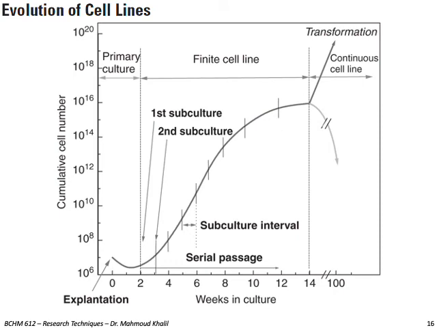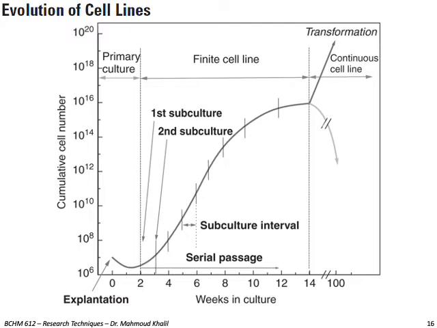This figure illustrates clearly how the evolution of a cell line occurs. You can see here on the x-axis the weeks in culture, and on the y-axis the cumulative cell number. Initially, up till the first 2 weeks, cells are termed primary culture. Then you do a subculturing, denoted here by first subculturing, second subculturing, like every 1 week at a time.